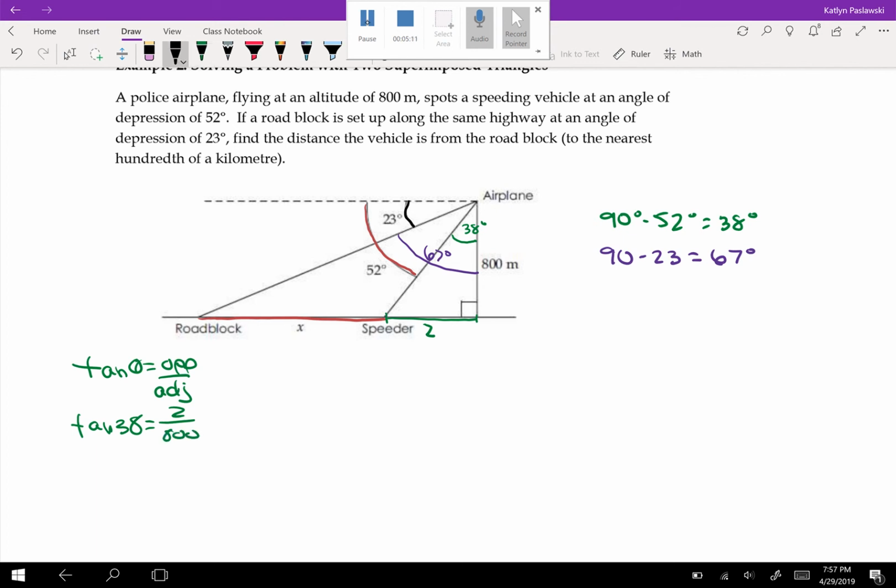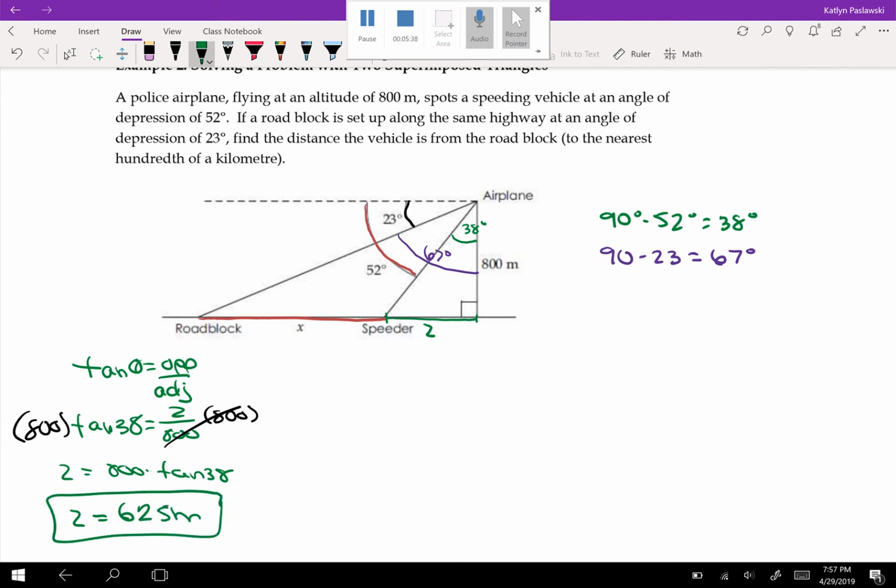I now want to isolate my variable, so I'm going to multiply by 800 on both sides to give me a value of z is equal to 800 multiplied by tan of 38. Z is equal to 625 meters. I'm going to save that information for later.